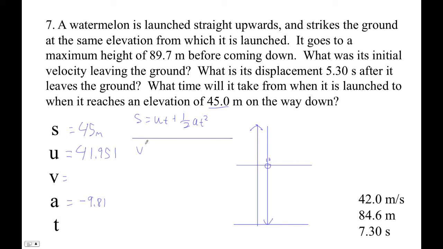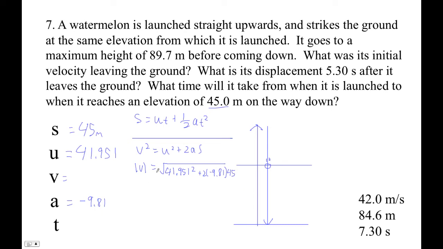So let's do that. v squared is u squared plus 2as. So the absolute value of v is the square root of 41.951 squared plus 2 times negative 9.81 times 45.